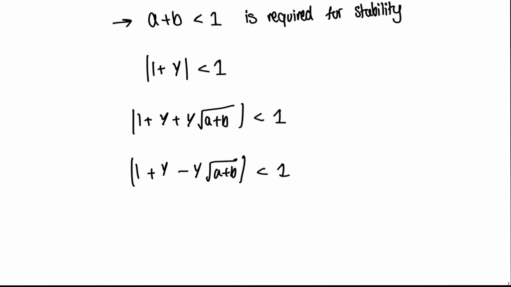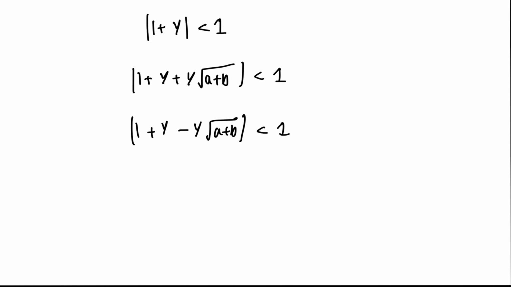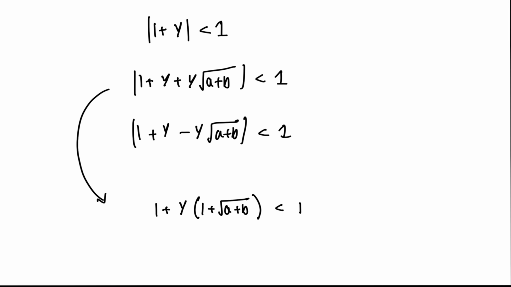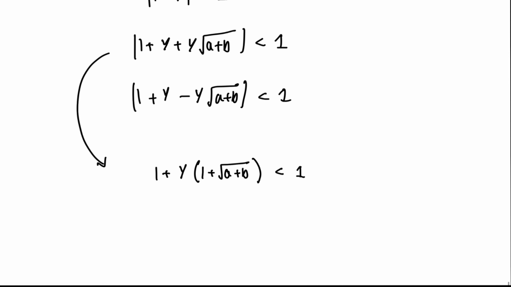So, okay, if I rewrite this as 1 plus gamma (1 plus root a plus b) is less than 1, we get gamma (1 plus root a plus b) is less than 0. Hence we get gamma is less than 0.